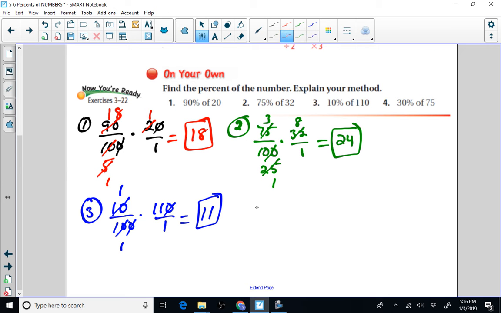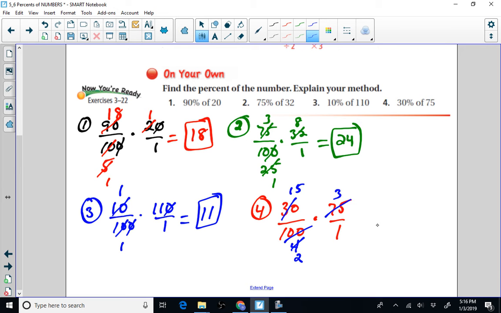Alright, and then we have problem 4. Problem 4, 30% is 30 over 100. The word of is multiply. 75 over 1. I divide out where I can. If I divide out by 25, that becomes 3. That becomes 4. Then I can divide out 30 and 2. That becomes 15. That becomes 2.